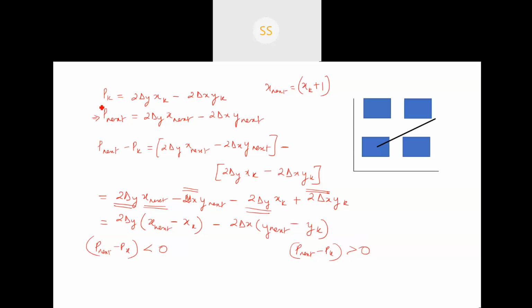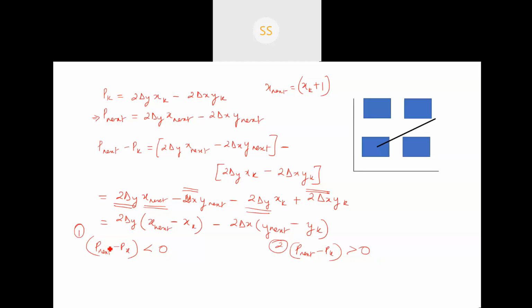I do not know what that value is. For that, I found the difference between p next and pk, and I've come to an equation. But this p next minus pk can have a value which is less than 0, or a value which is greater than 0. So these are the two possibilities that I have, so as to find the updating value.